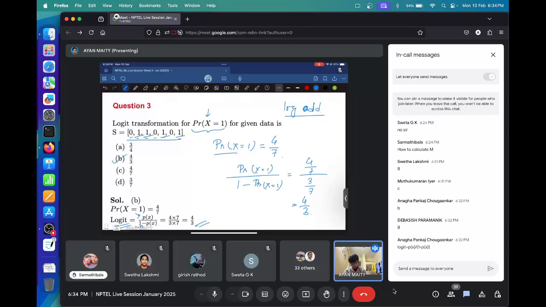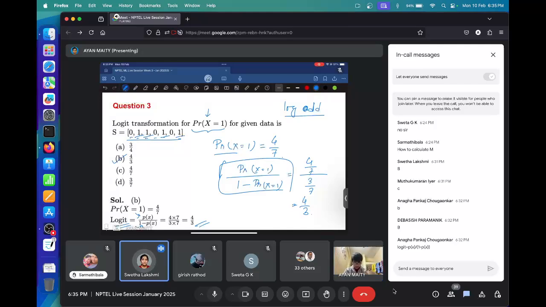You just take the log of the probability of x equals 1 divided by 1 minus the probability of x equals 1. Sometimes the log helps you reduce the complexity of the expression by bringing the exponents down.